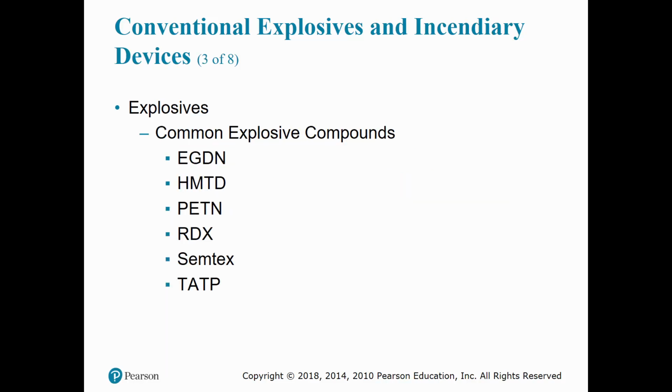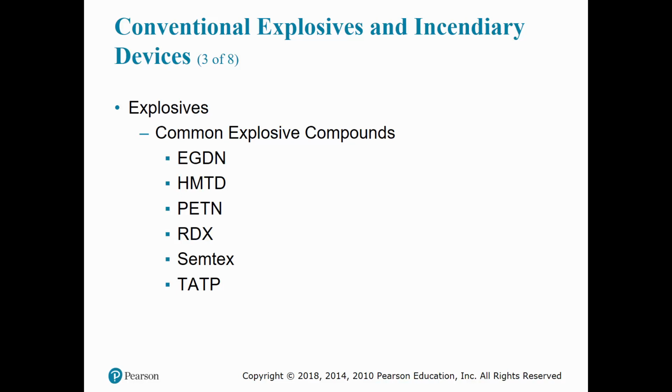Some common compounds that you might see used as explosives. EGDN is ethylene glycol dinitrate, or dynamite. Hexamethylene triperoxide diamine, which is a highly explosive peroxide. PETN is pentaerythritol tetranitrate, which is the main ingredient of Semtex.